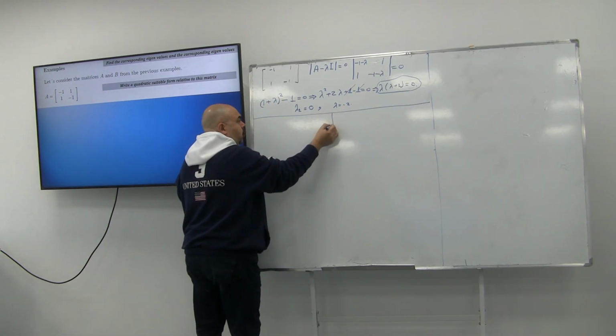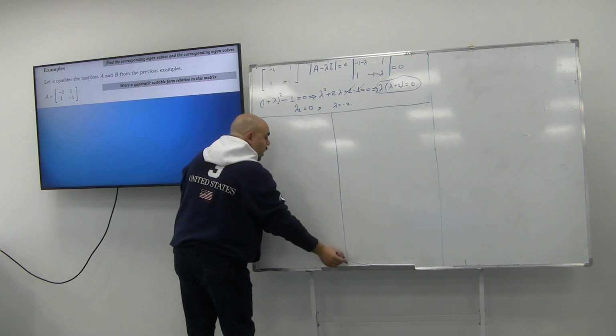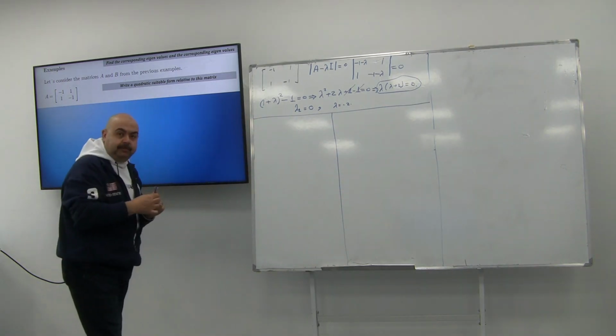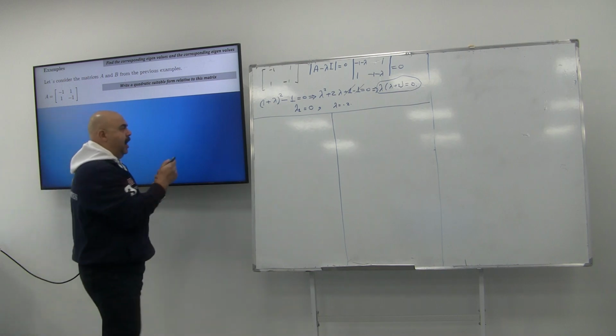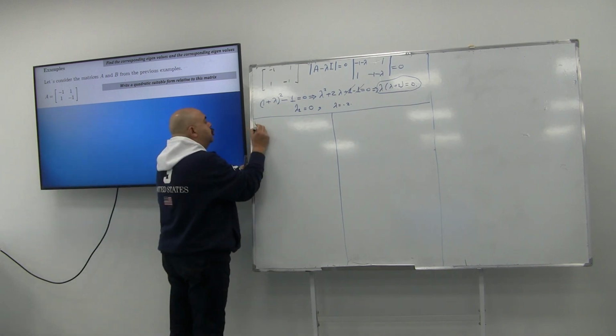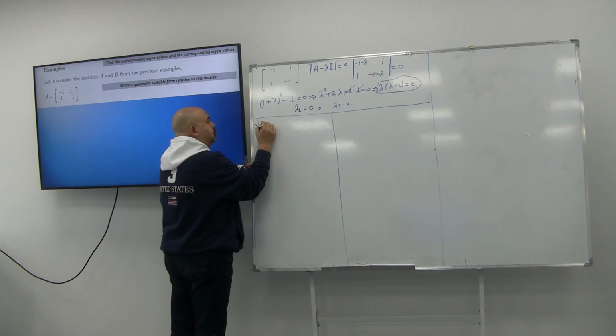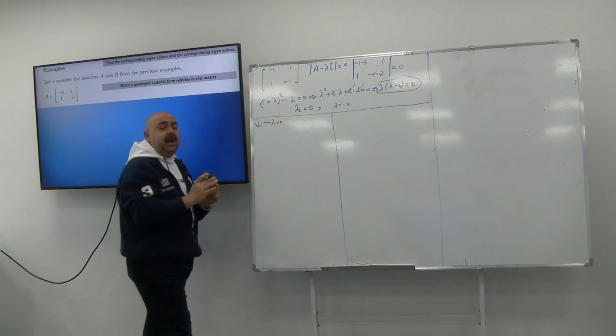Corresponding to each one of these eigenvalues, I can get simply the corresponding eigenvector. So I will start with getting u1, which corresponds to lambda 1 equal to 0. And this is really a piece of cake.